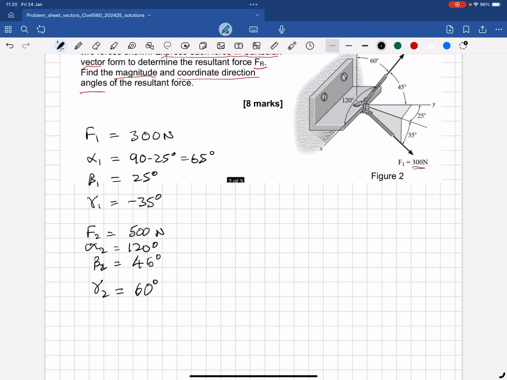Now we're going to use the direction cosines, and I'll just write down this formula, because this is what we're going to be using later in the question. So cos alpha equals x over the magnitude of the vector. Cos beta equals y over the magnitude of the vector, and cos gamma equals z over the magnitude of the vector.